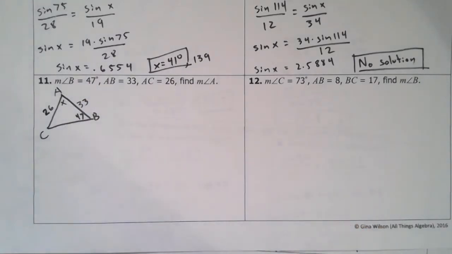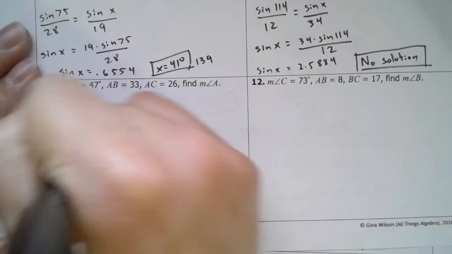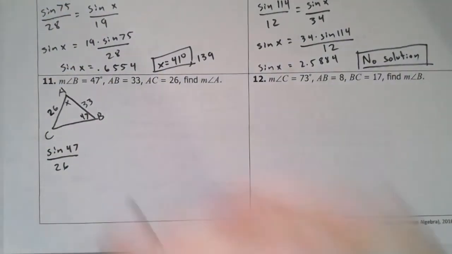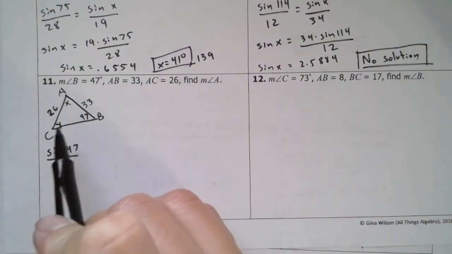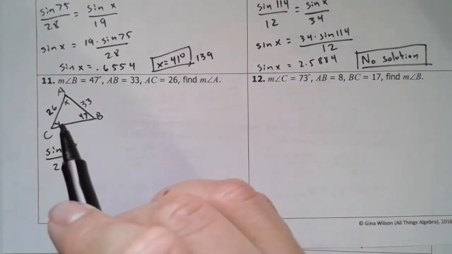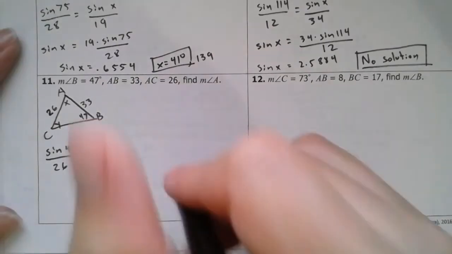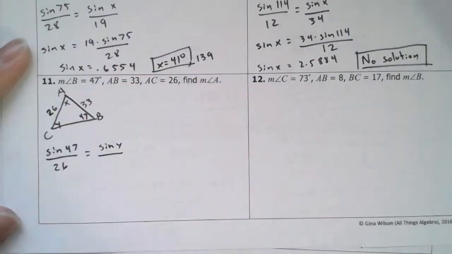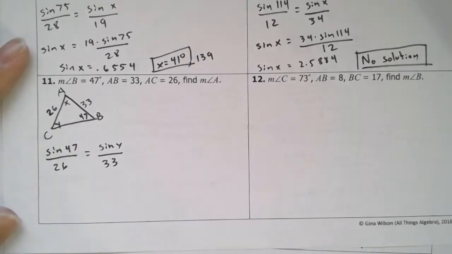So my approach for this one, I'm using sine of 47 over 26 for sure, right? I call angle C Y for now, so I can find this guy first and then go from there. So sine of Y is equal to 33, right?